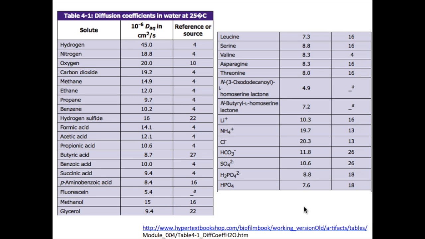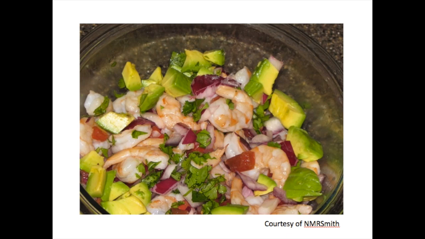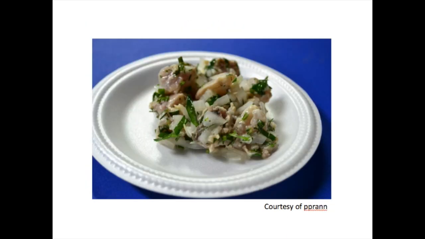So many of you then went on to make beautiful ceviche recipes. Here's one, here's shrimp ceviche, another one, and yet another one. And these are just some of the beautiful pictures that could be seen on the discussion forum.